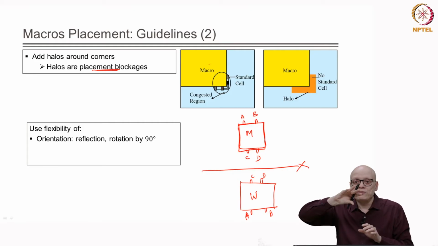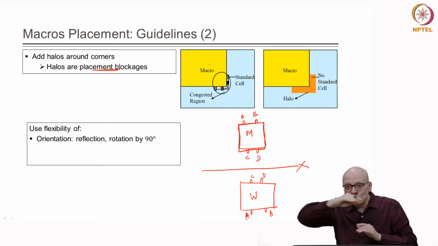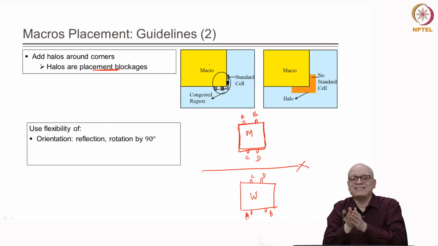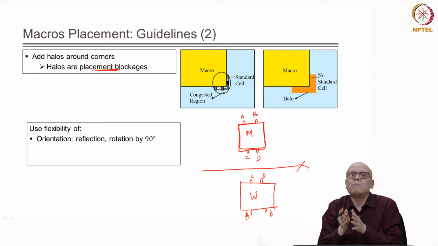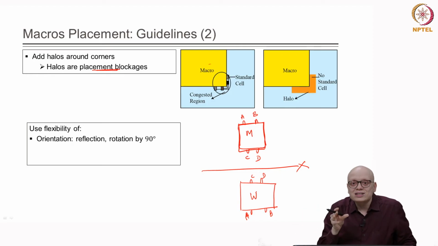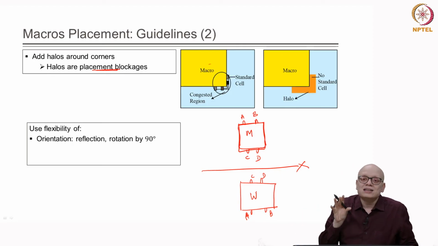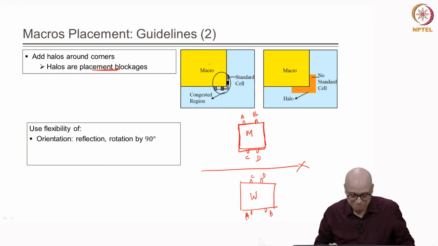For example, if we rotate an object by 90 degrees, the power lines which were running horizontally now become vertical, and the orientation of those power lines may not be in line with the power grids that we have designed. So, when we change the orientation of the object, we should see that after the new orientation, the power lines are also aligned.